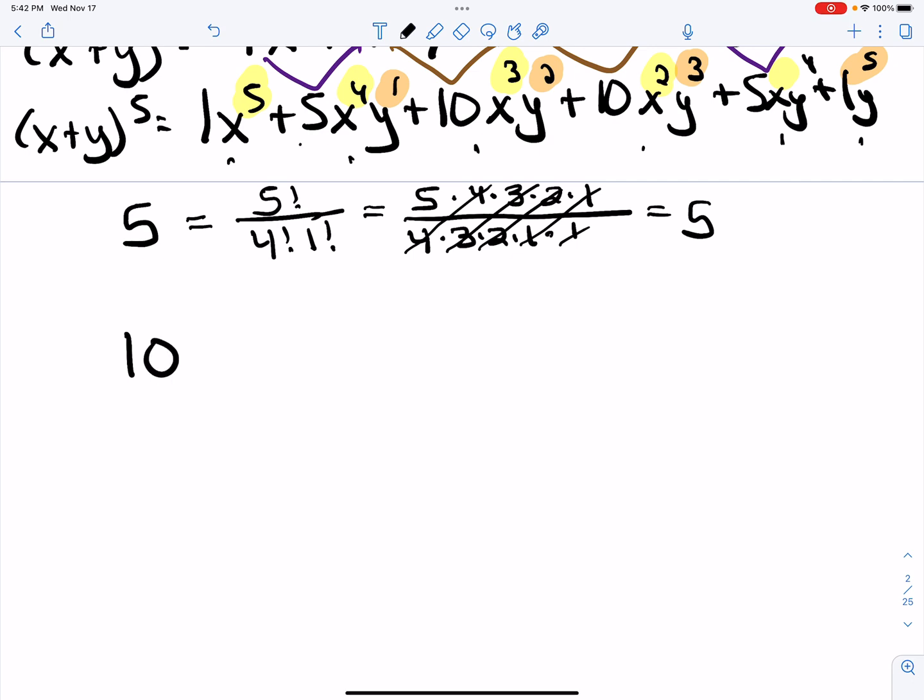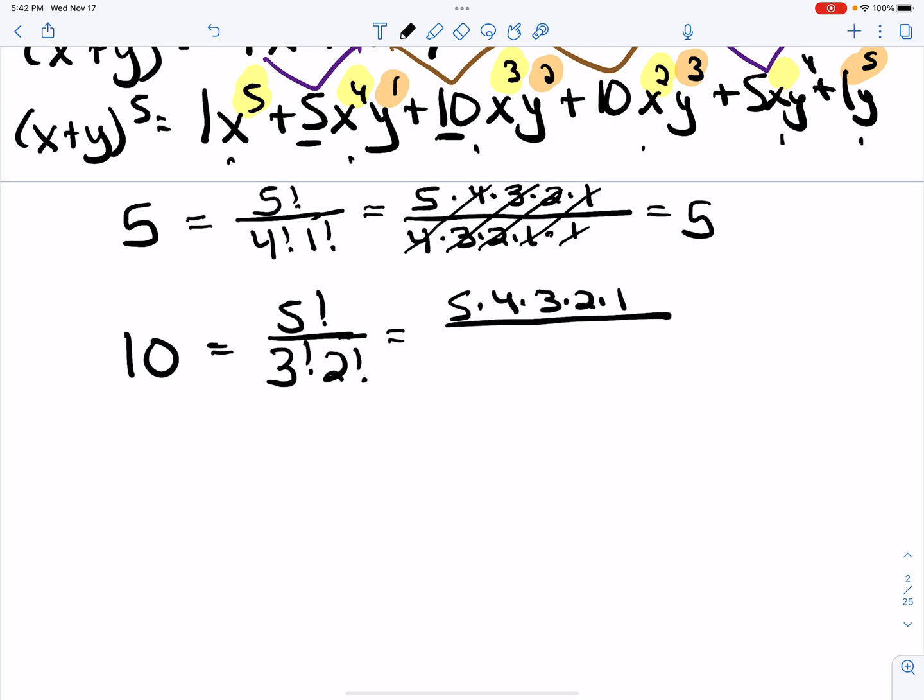Now that was the coefficient of 5. Let's go to the next coefficient of 10. 10 is actually equal to 5 factorial again, over, and then notice the exponents on the x and y. You have a 3 and a 2. If you put 3 factorial, 2 factorial on the bottom, that actually makes a true statement. That does equal 10. If you do 5 times 4 times 3 times 2 times 1 in the numerator, and 3 times 2 times 1, and then times 2 times 1 in the denominator, you have a bunch of stuff that reduces.